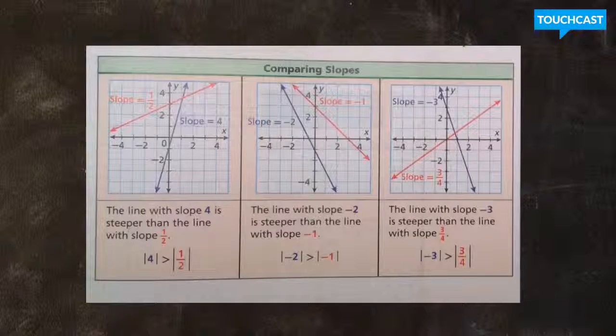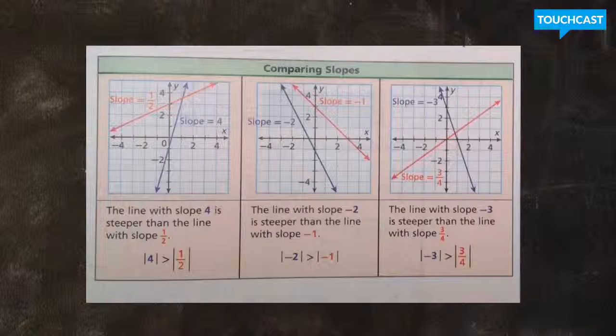In our middle picture, we've got 2 lines again, where one line has a slope of -2, and the other has a slope of -1, and the line with a slope of -2 has a steeper slope because the absolute value of -2 is bigger than the absolute value of -1.